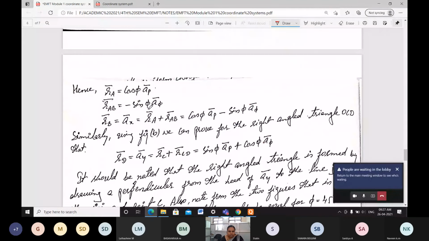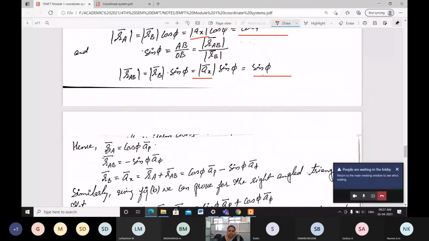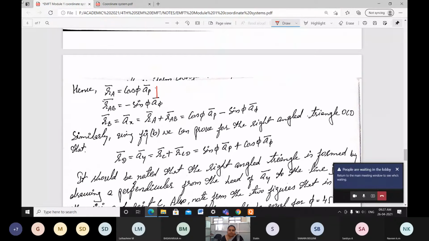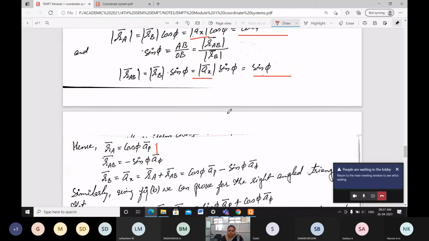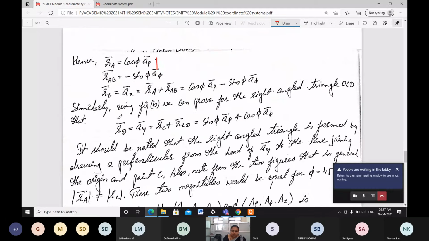Hence, based on these we can write RA is going to be cos phi A rho, then RAB is going to be minus sin phi A phi, then RB is going to be AX, that is equal to RA plus RAB, that is cos phi A rho minus sin phi A phi. For the same thing, for the triangle OCD, in the same fashion, we can write directly, no derivation.